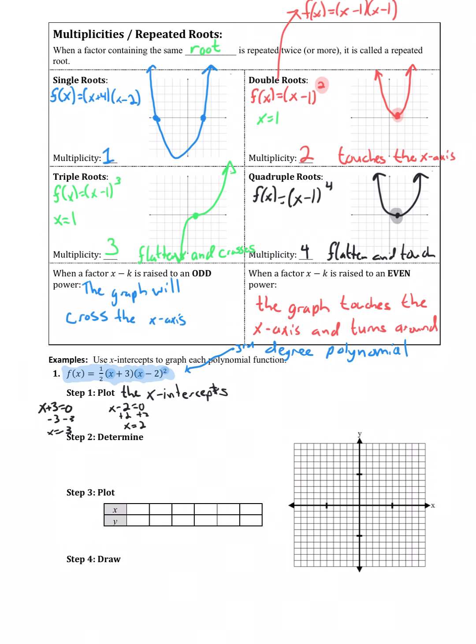So I'll go ahead and put a scale on my graph, and I'm going to label those points. Positive 2, 0, negative 3, 0. Okay, the next thing I'm going to do is determine the end behavior.